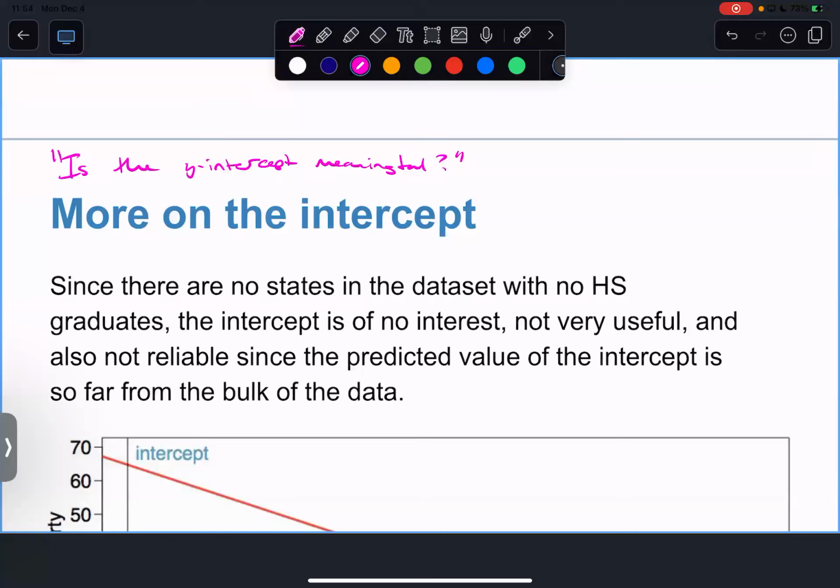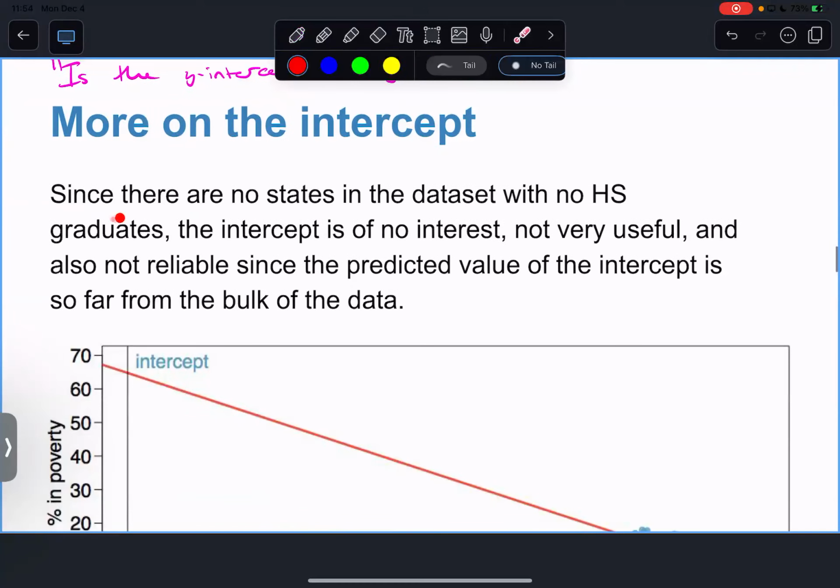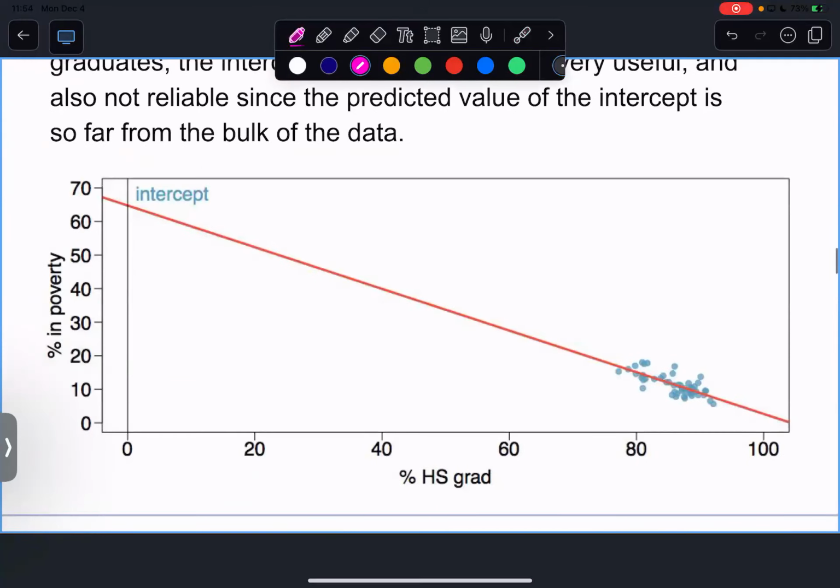Or no, it's not meaningful because in this case, since there are no states in the data set with no high school grads, the intercept is of no interest, so it's not meaningful. Not very useful, and also not reliable, since the predicted value of the intercept is so far from the bulk of the data. And I'm going to add, which we used to build the line.